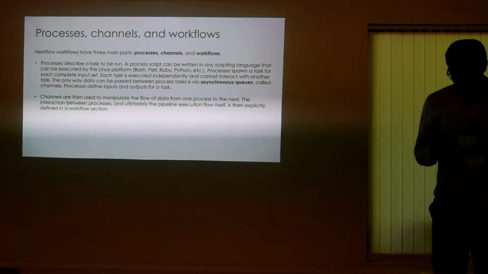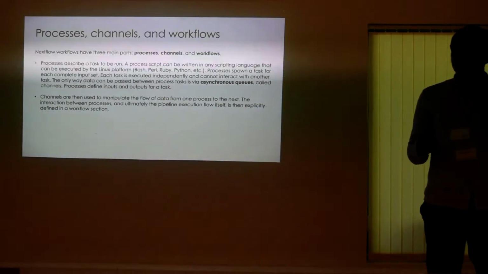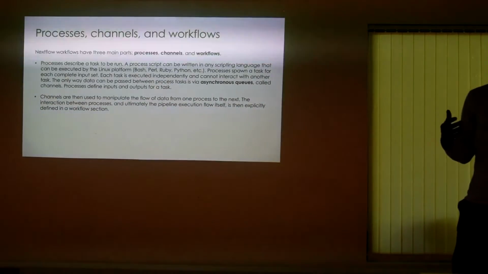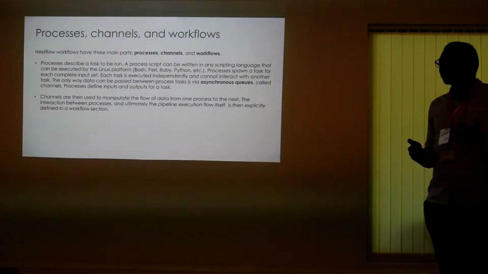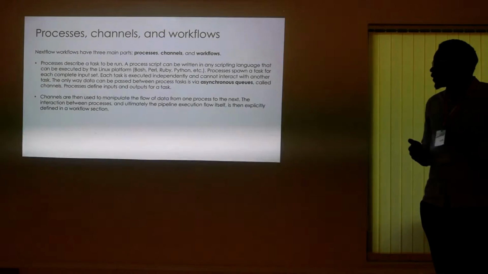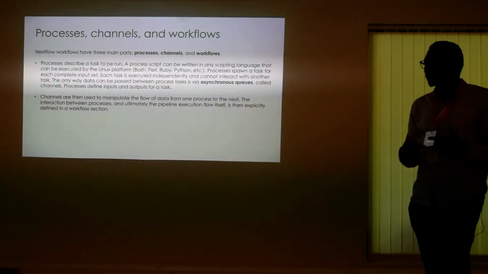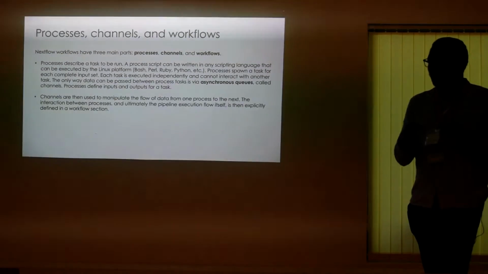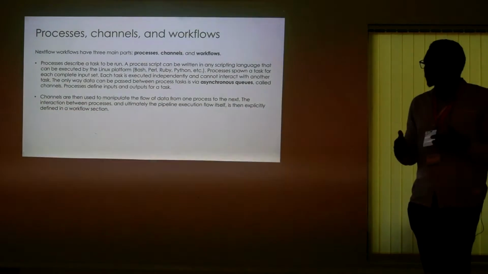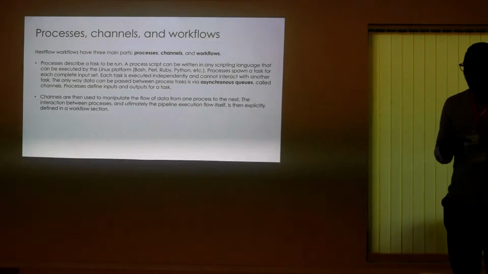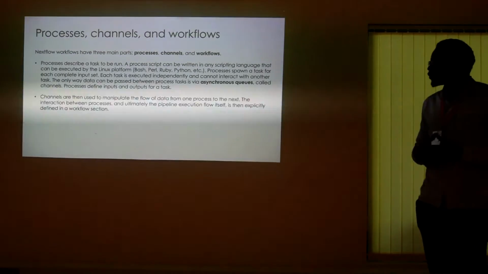If in your process you are doing BWA alignment, the input that you pass on to the next process does not depend on the order in which you give the file. So it's a fast in, fast out kind of queue.